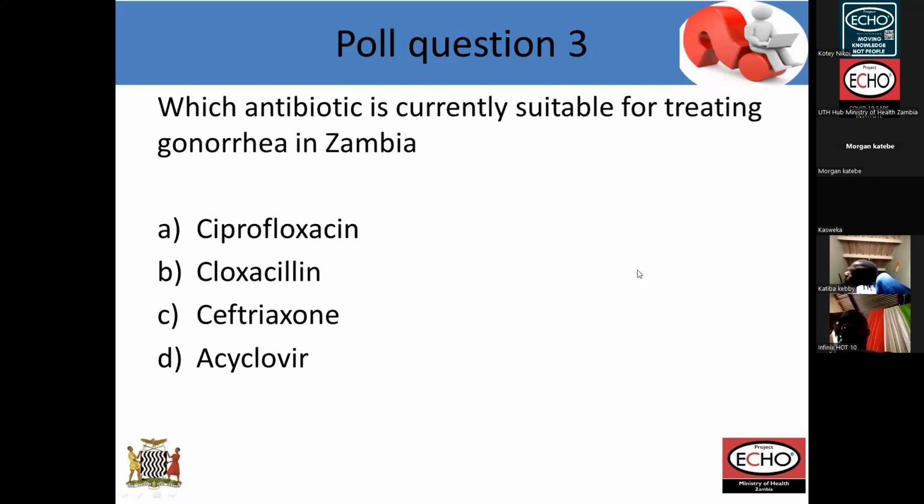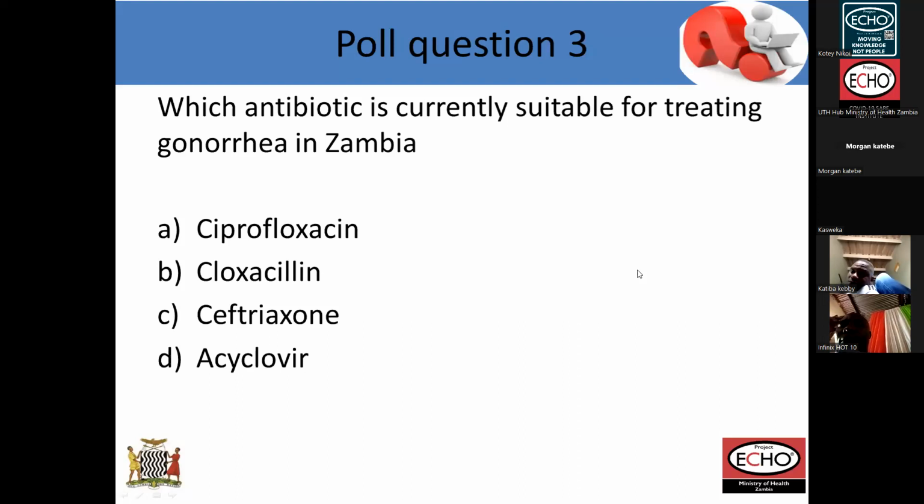But like I mentioned, RPR titer is very important for monitoring response to treatment. So expect like a four-fold drop over a period of 3 to 6 months from the time that you gave your treatment. It will be good to do the titer at the beginning, because you may be having an RPR positive for 2 years, or 3-5 years, and you keep on treating the patient.